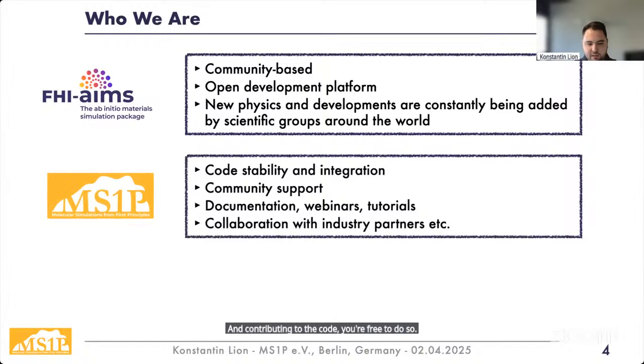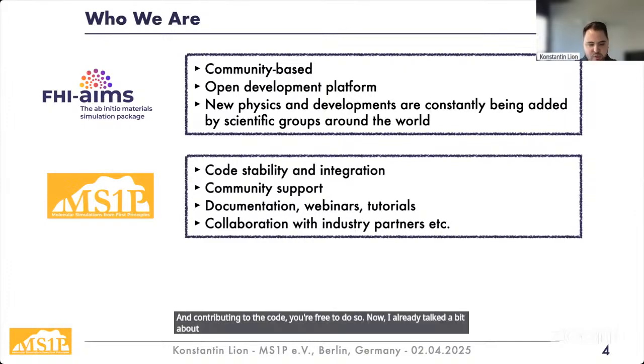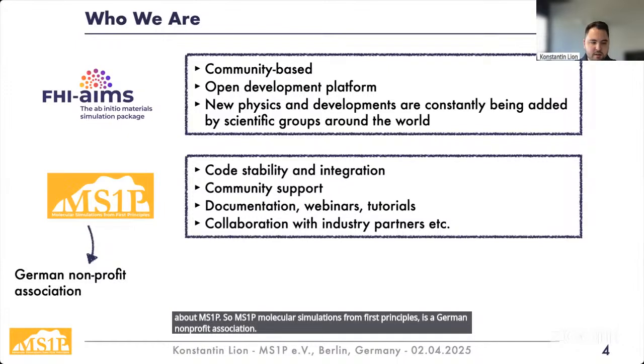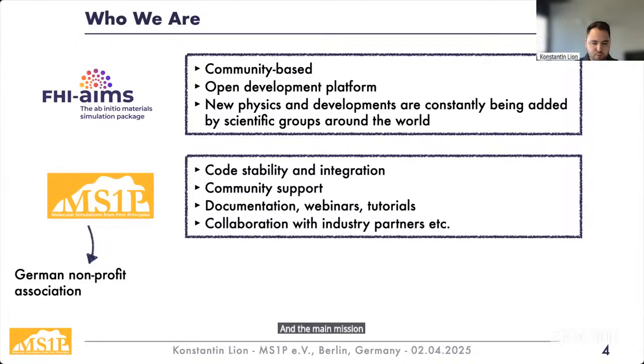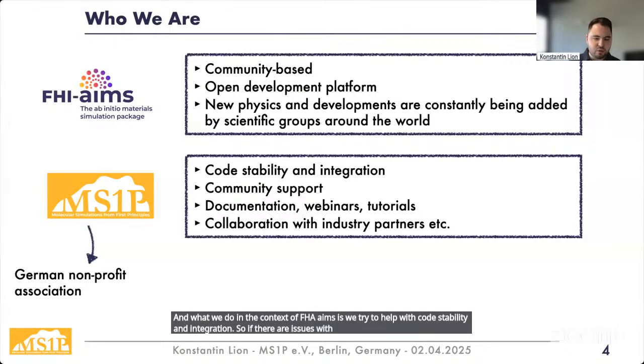Now, I already talked a bit about MS1P. MS1P, Molecular Simulations from First Principles, is a German nonprofit association. The main mission of MS1P is to promote basic science. In the context of FHI-aims, we try to help with code stability and integration. So if there are issues with integrating new features into the code or just stabilizing the code in general, we'll try to help out. We are also here for community support.